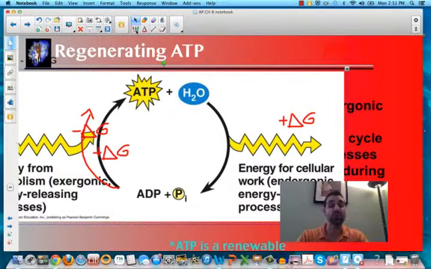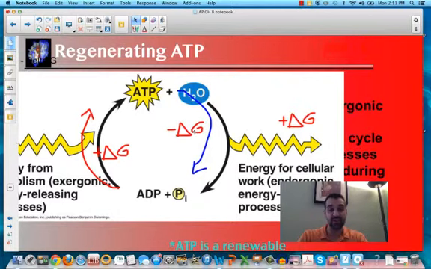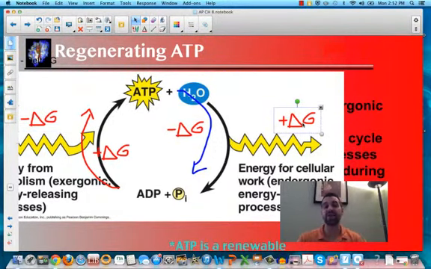The breakdown or the hydrolysis of ATP, we know, is not an endergonic reaction, but it is an exergonic reaction, which means we are going to release energy here. That release of free energy can be used to drive the endergonic reactions inside of our cells.